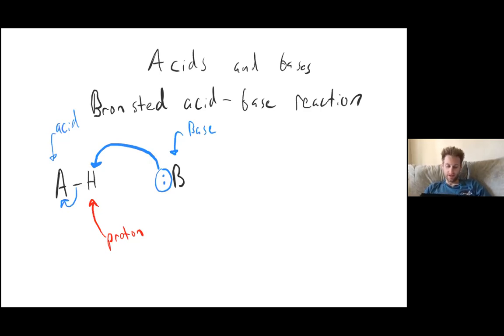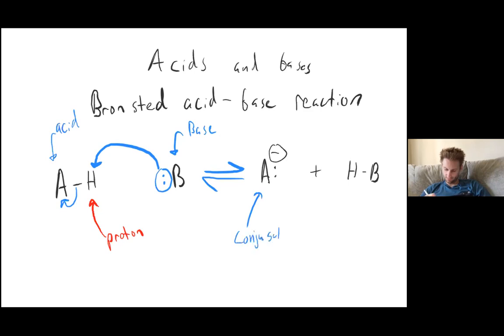move them over to where the acid was, and we are going to form what's referred to as a conjugate base and a conjugate acid. So your acid will always become your conjugate base, and your base will always become your conjugate acid.